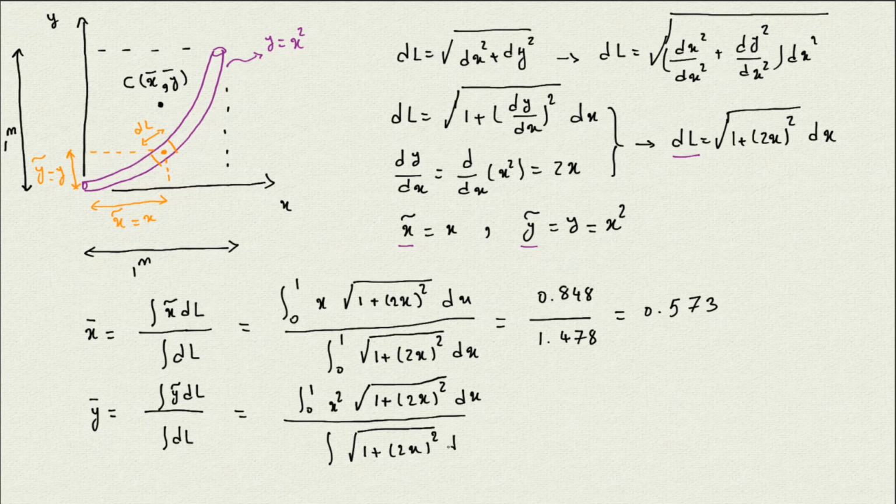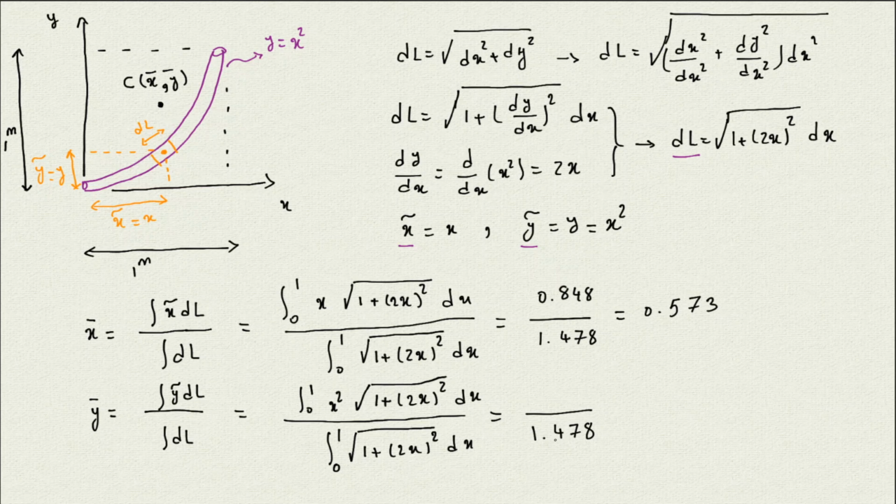Remember that you have dl here on both of them. So once you calculate the dl, don't recalculate it again here. We already have the dl. You can simply use the value you calculated in the previous step, which is 1.478.